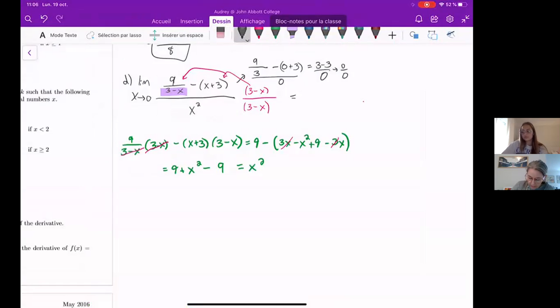So what that means is this is going to be the limit as x approaches 0 of x squared over x squared times 3 minus x.